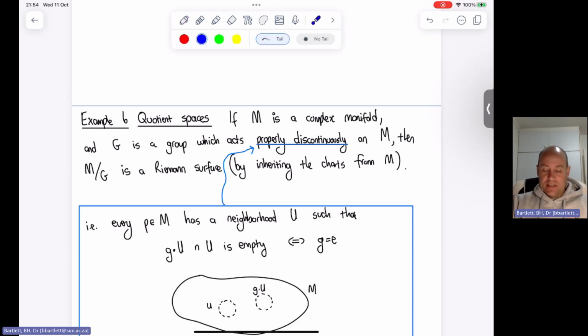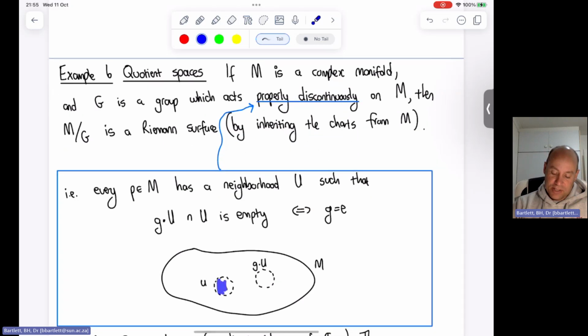Anyhow, then the quotient space of M divided by G is going to be a Riemann surface, and the charts are just going to be obtained by inheriting the charts from M. You see, the point is that the chart on the quotient space we can just take to be this U, because in the quotient I'm never going to have a problem: I'm identifying a point here with a point here, but there isn't any overlap with those points, so I can parameterize all the points in the orbit just by using this open set U.